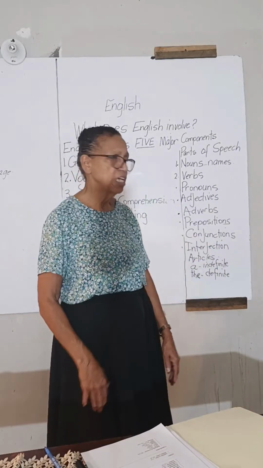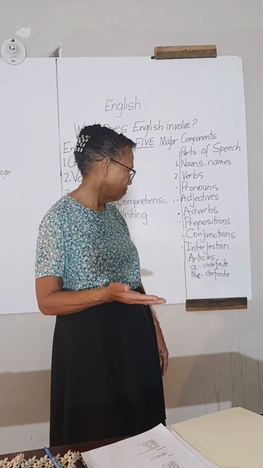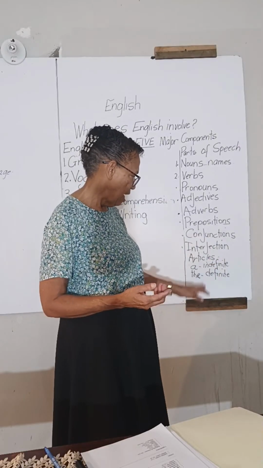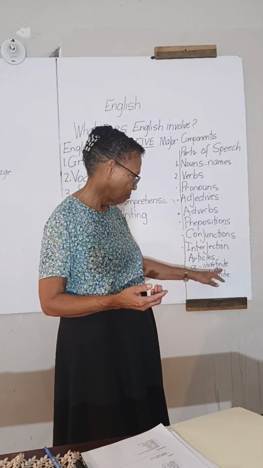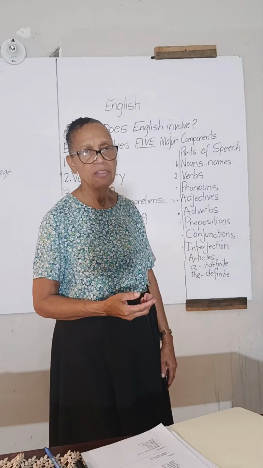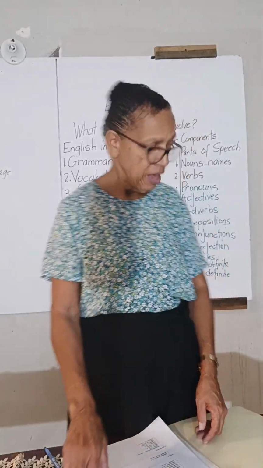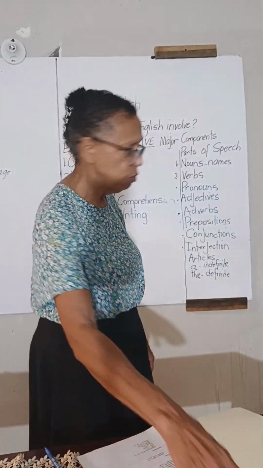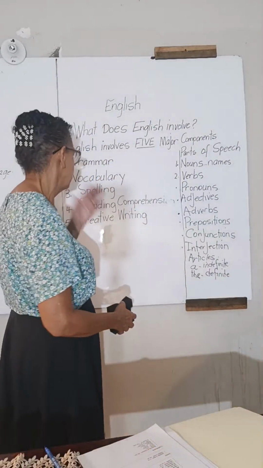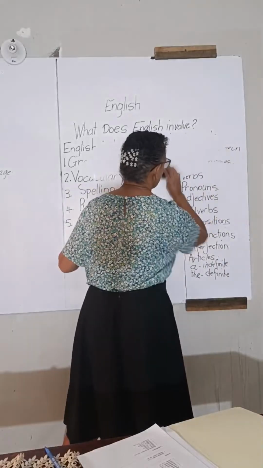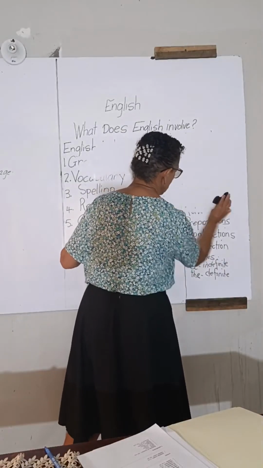Interjections show expression and emotions. Articles: indefinite, and the definite, the book. Now it's your turn. I am going to clean off the board and we're going to look at some simple sentences, and I'm going to see if we can identify the part of speech.